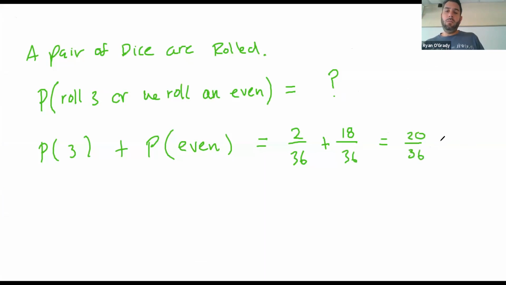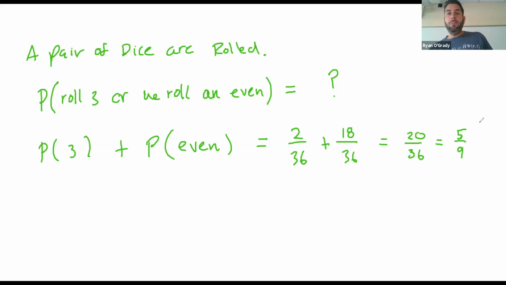And if we divide everything by 4, we get 5/9, we think. So we could just trust our gut that 5/9 is the probability of a 3 or the probability of an even.